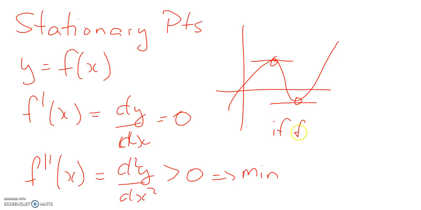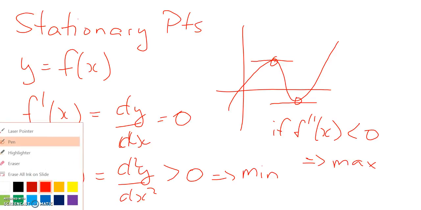If f double dash of x is less than 0, you're dealing with a maximum. Okay, so this is basically the definition of stationary points.